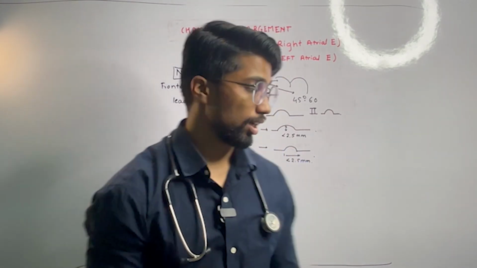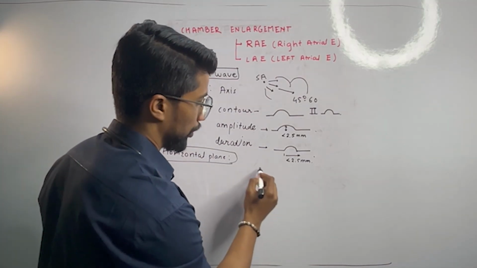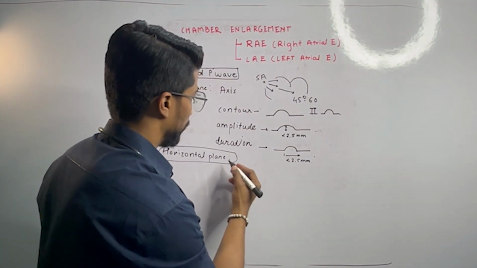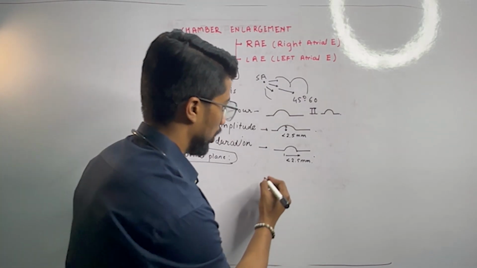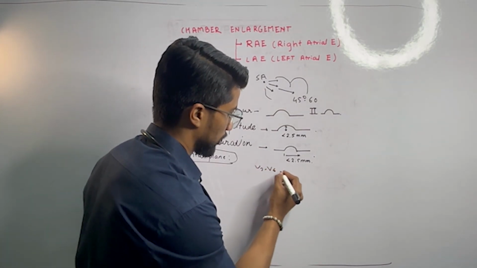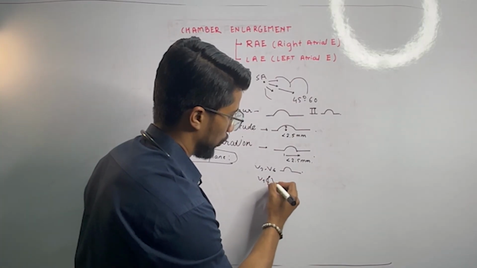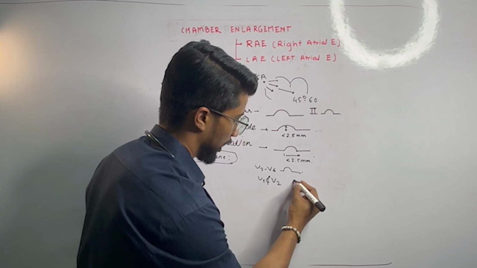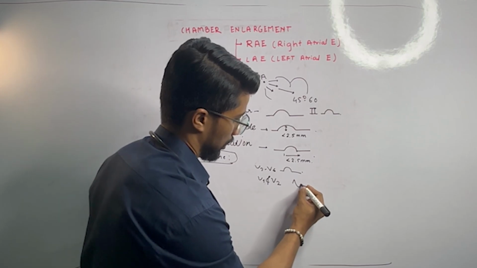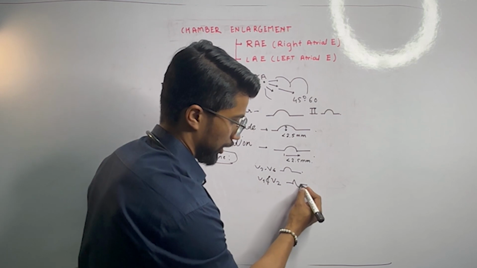Coming to the horizontal plane, which is your leads V1 to V6, the P wave is going to be upright in most of the anterior chest leads as well. So V3 to V6, it can be upright, while V1 and V2 can have a biphasic P wave, with an upright first portion and an inverted next portion.